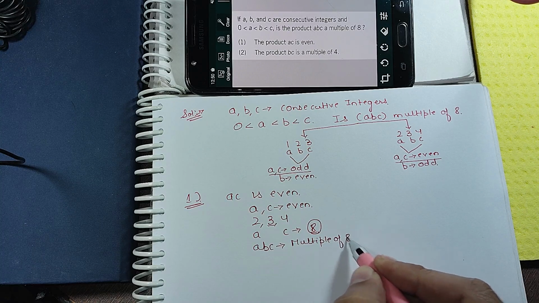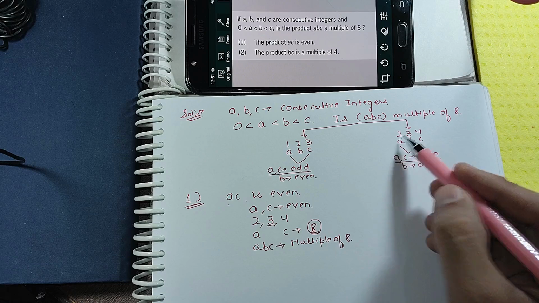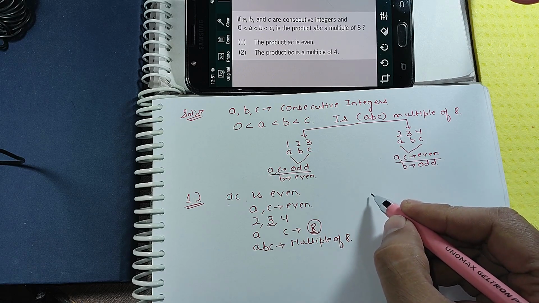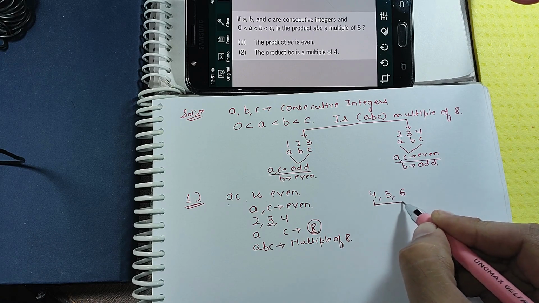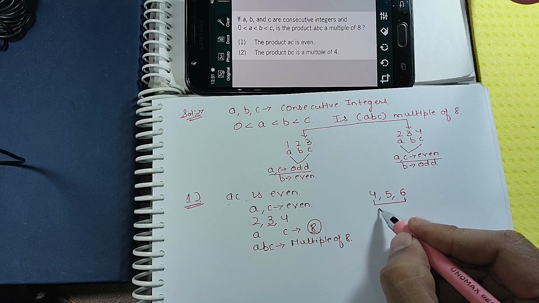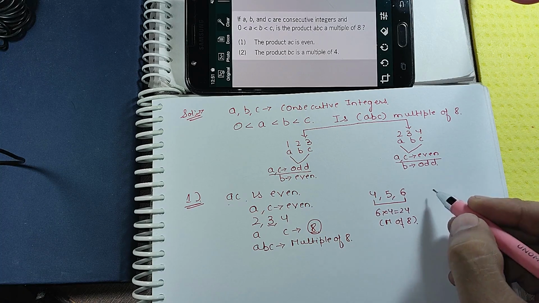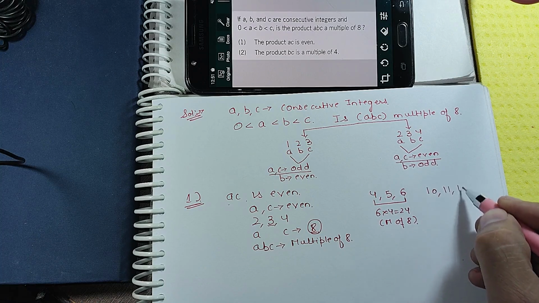Fine. Now we'll consider some other examples. Since AC is even, that means the starting number has to be even. Let us suppose some other example, 4, 5, 6. You see AC is even and 6 into 4 is equal to 24, which is a multiple of 8. Now take some other examples. Let us suppose 10, 11 and 12.